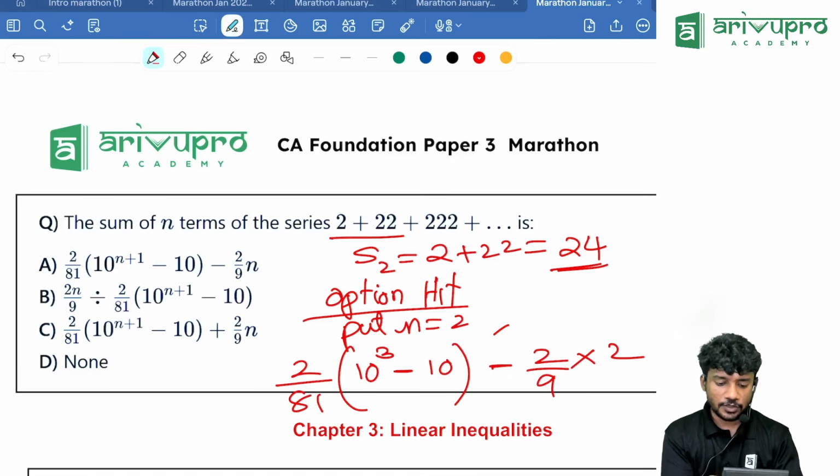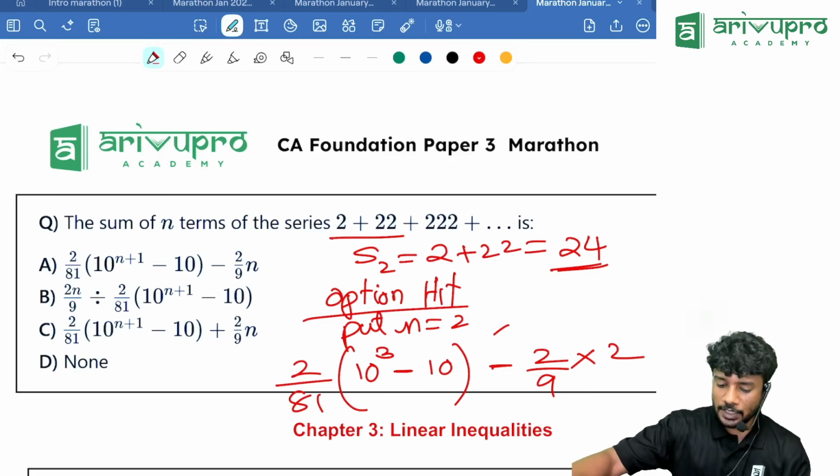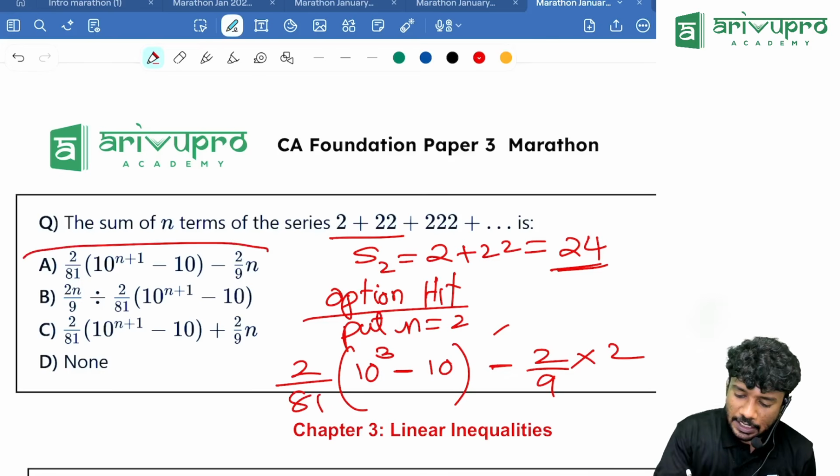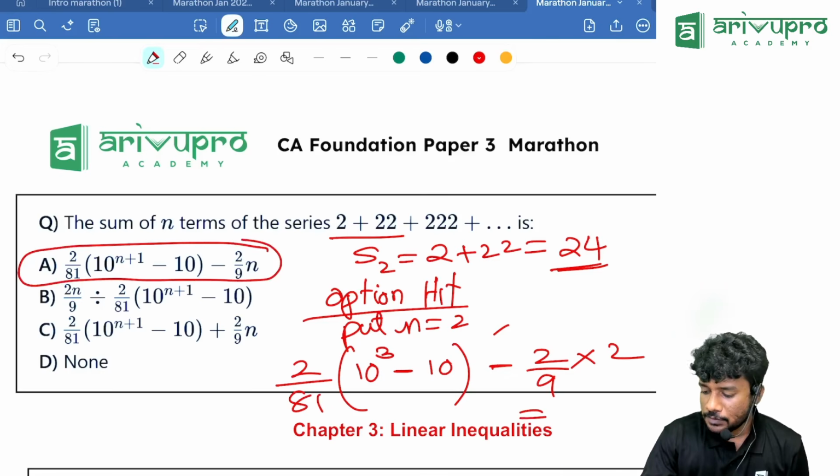So 990 into 2 divided by 81, then click M plus. Then 2 into 2 divided by 9, click M minus. Then click MRC. How much are you getting? 24. That means option A is your answer.